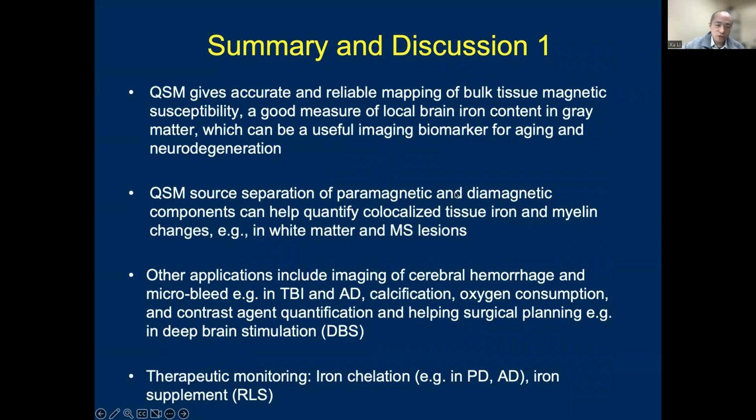While the QSM source separation for paramagnetic and diamagnetic susceptibility components can further help quantify the co-localized tissue iron and myelin changes. And of course, there are other applications for QSM in neurodegeneration, for example, in TBI, and it may also help with surgical planning for deep brain stimulation because of the very nice contrast shown in the QSM maps.